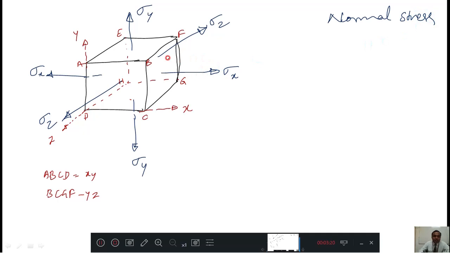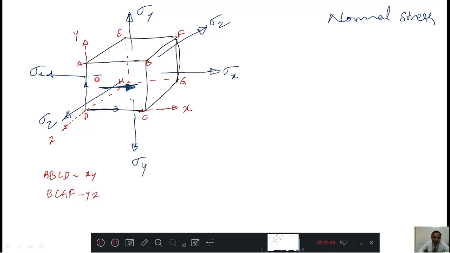Now coming to the shear stress. Shear stress on this plane, which plane is it? First I will consider this XY plane. This is the x-axis and this is the y-axis. Therefore, a shear stress can act on this surface horizontally.